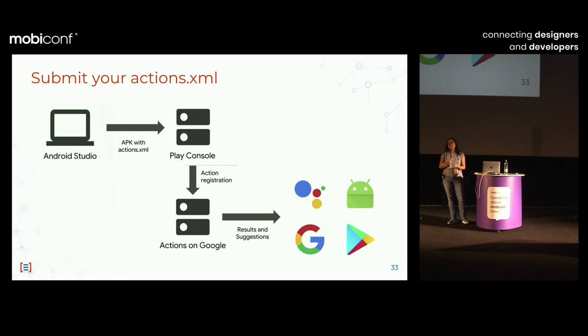The Play console is going to detect that you have an actions.xml file and is going to suggest that you register your app, your actions, on the Actions on Google platform. And then you submit it, and it's going to be automatically available on all of the surfaces: the Google Assistant, Search, Play Store, Smart Selection, and the launcher, as we saw before.